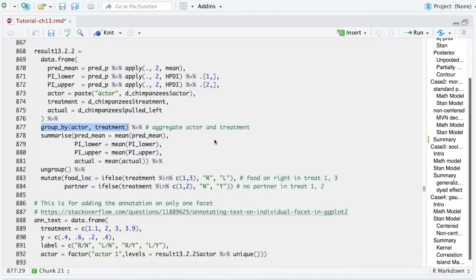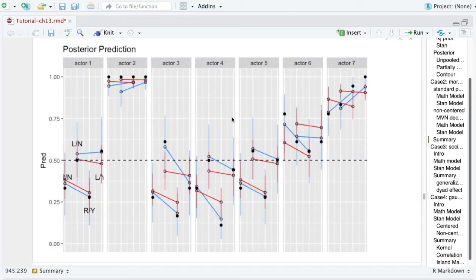Since the effect of block and treatment is very small, I just ignore them. After that, we can combine the results from model 10, model 13, and the observed data all together in the same plot. The black dots are the training data. The red dots and red lines are from model 10, and the blue dots and blue lines are from model 13, varying effects with interaction.